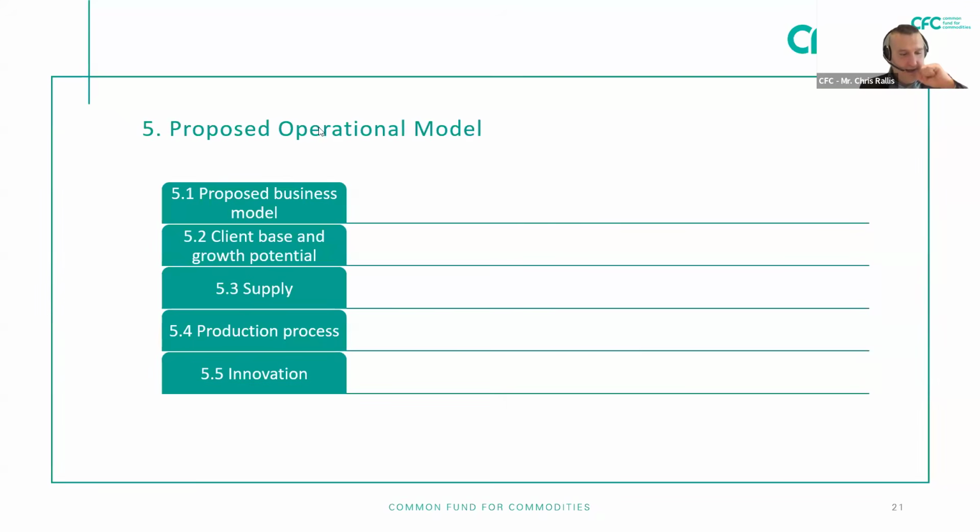And finally, section 5.5, innovation. Now, different people mean different things with the word innovation. In CFC, we do have a very holistic attitude towards innovation. So it could be, of course, a technology that you're introducing either internationally or just in your country, but it could be also just a new business model that you are testing in your country or your region.